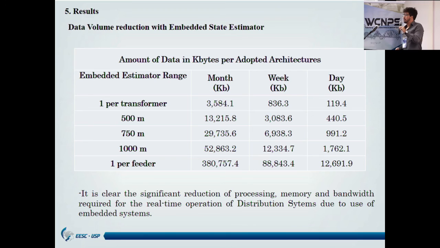The data volume reduction with the embedded state estimator is presented in the table. The significant reduction of process memory and bandwidth required for the real-time operation of the distribution system is clear, due to the use of embedded systems.